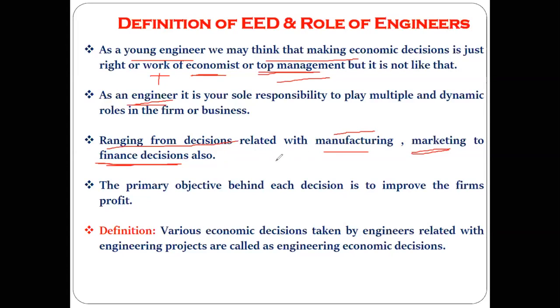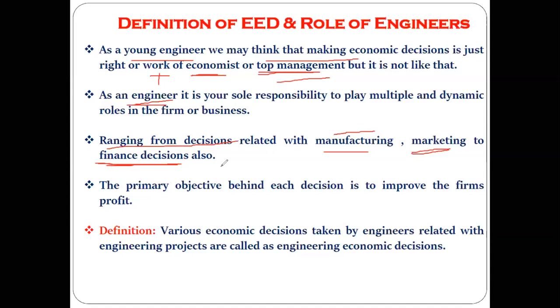And if I ask you what the aim or goal of making different decisions is, what will be your answer? What I'm asking is, what is the objective of making different kinds of economic decisions by different employees of the company: the economists, the top management, the senior manager, the junior manager?